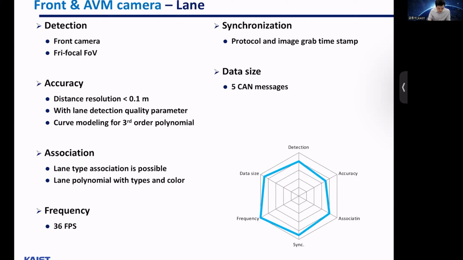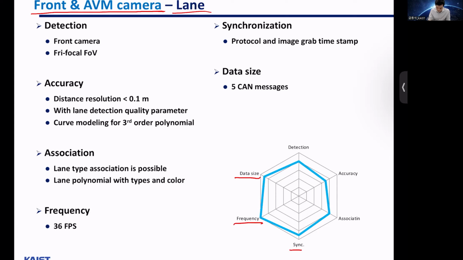And then there's the front view, around view monitoring camera, and detecting lane. This will give you a small data size and high frequency.